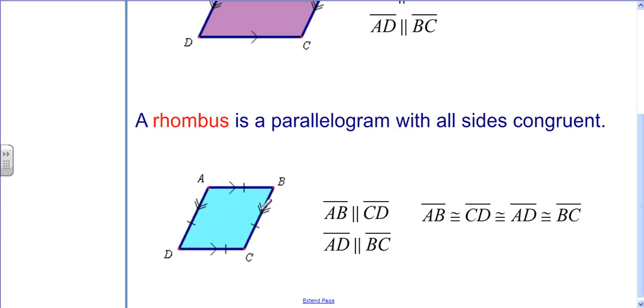So you can see we have double arrows here and single arrows there because they're different sets of parallel sides. However, all 4 sides are congruent. So AB, see that has a single mark, is congruent to CD. Single mark is congruent to BC, and that's also congruent to AD. So all 4 sides have a single mark. That means all 4 sides are congruent to each other.